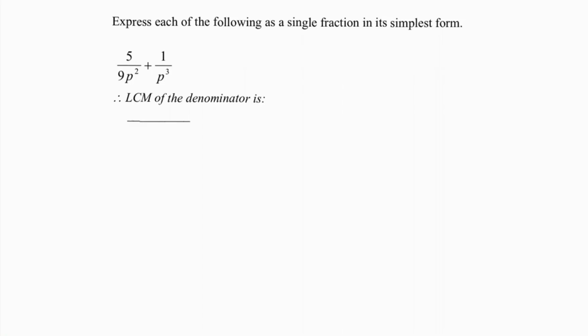Hello everyone, welcome to this video where we would have this. We will need to express as a single fraction in its simplest form for this addition of algebraic fraction. So the very first thing I see is that I would then have to look at the LCM. In this case, it's actually 9p cubed.